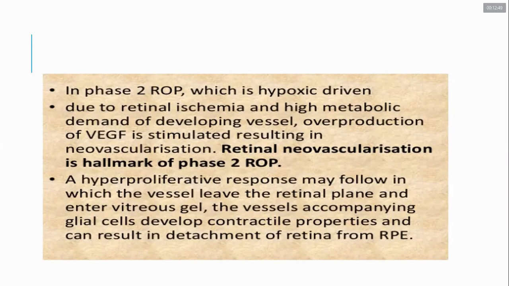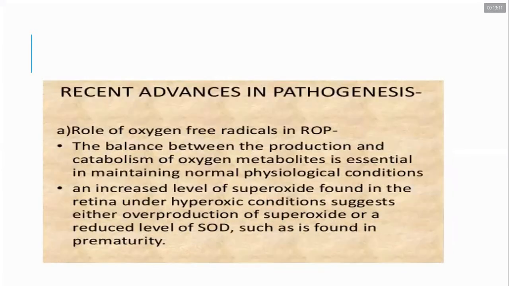Retinal detachment is due to the contractile or tangential force from the vessels which travel into the vitreous gel along with the glial cells, and due to this traction there will be a pulling effect resulting in separation of the retinal pigment epithelium from the neurosensory retina.